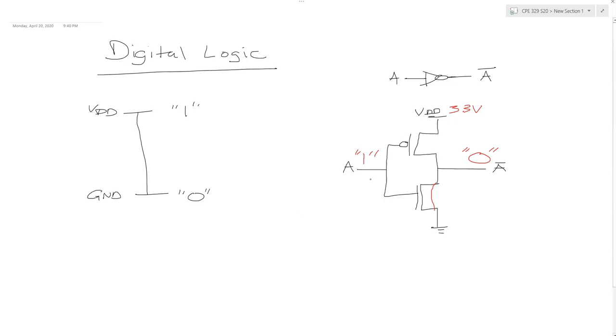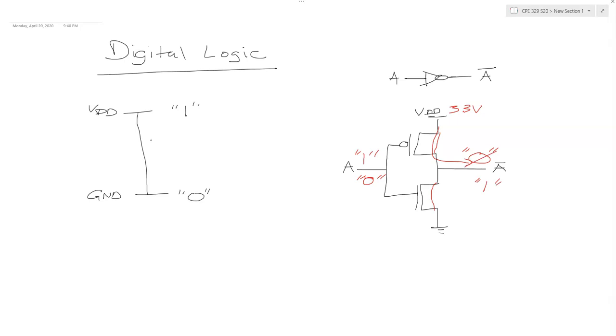Conversely, if I put a low voltage on the input, a channel would form in the PMOS device, while the NMOS device would act as an open, and current would flow from VDD through the PMOS to the output, and I would see a high voltage on the output.